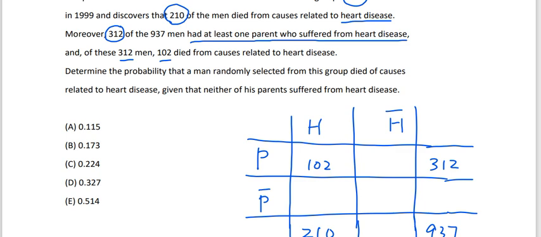Then here we can put this number, right? Then 210. Those people did not die of heart disease. Let's say 210. So here's 312 people.